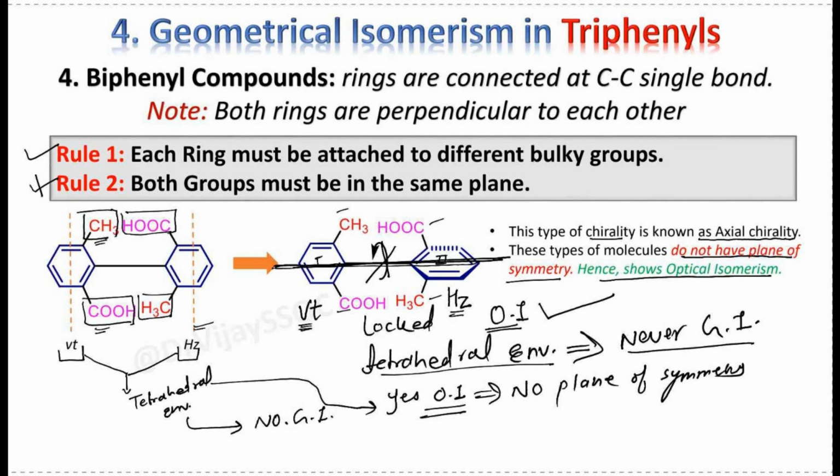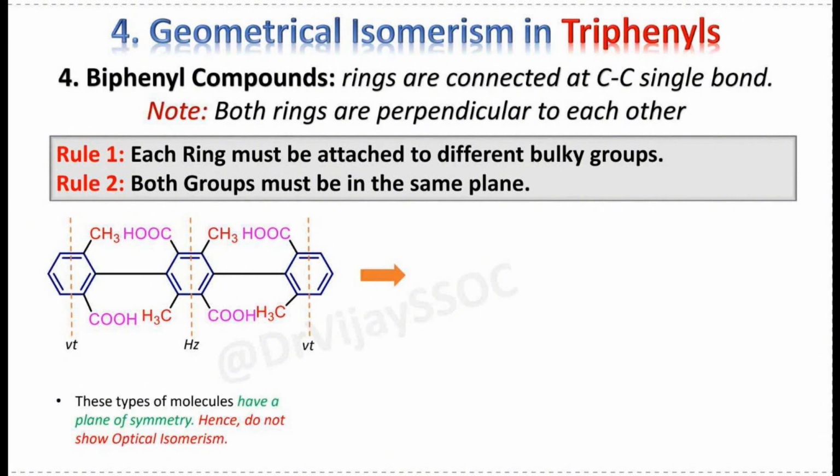Now let's look at the triphenyl systems. In case of triphenyl systems, let's apply the simplest way. The first ring is in the vertical plane, so the next will be in the horizontal plane, and the next will be in the vertical plane. So alternately vertical, horizontal, vertical. Now you can see that the terminal parts are in the same plane. What does it mean?